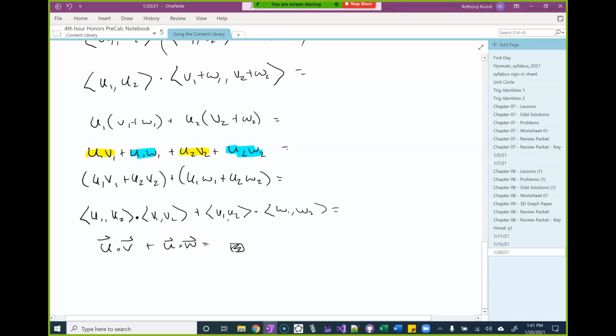Which is what I wanted to get to. Is that okay there? Yeah. So the only tricky part was this step, realizing how you need to group the pieces together so you can get those dot products that fall back out.